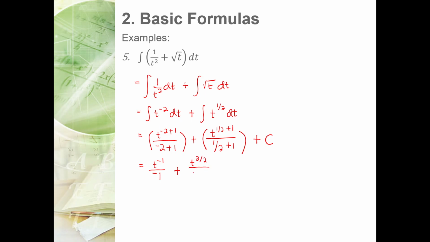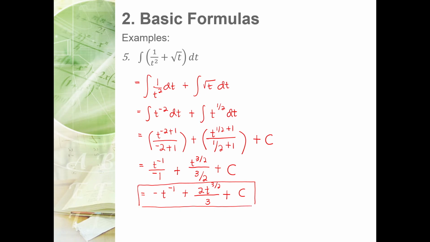If you don't know why it is 3 halves, just review how I got 3 halves as the answer. Plus C. So we have negative t to the power of negative 1 plus 2t to the power of 3 halves all over 3 plus C. So this one could be the answer.